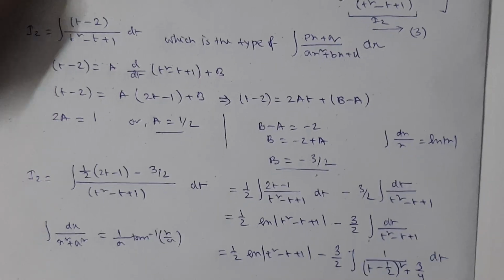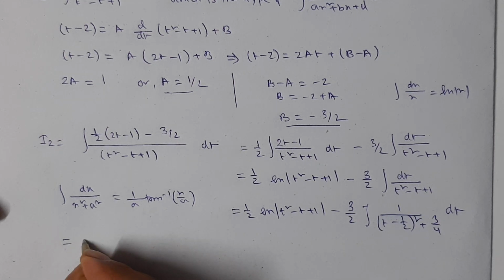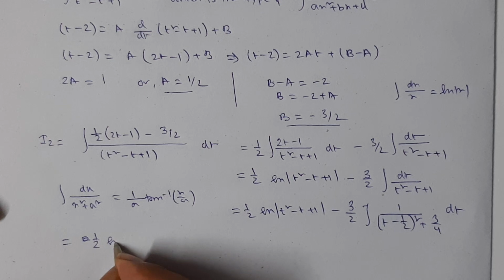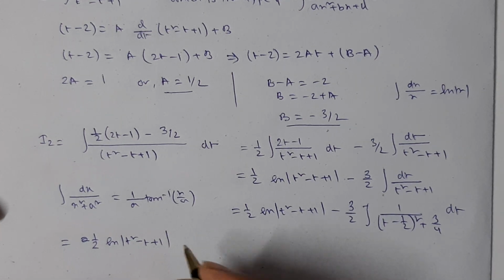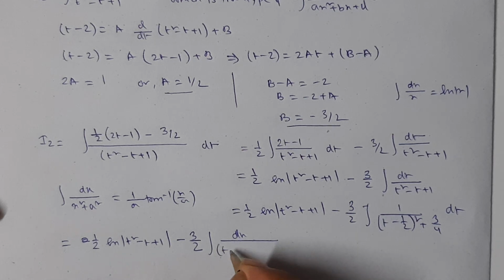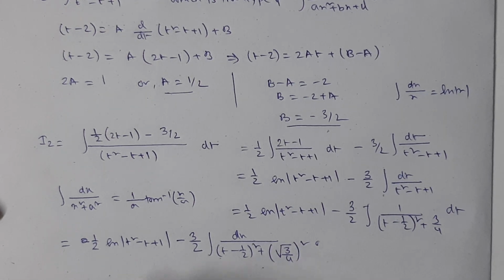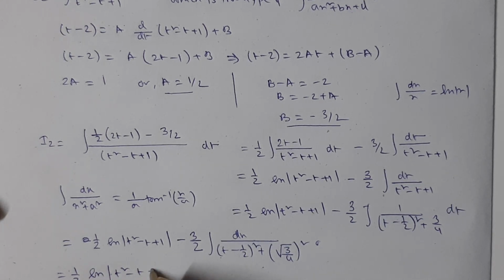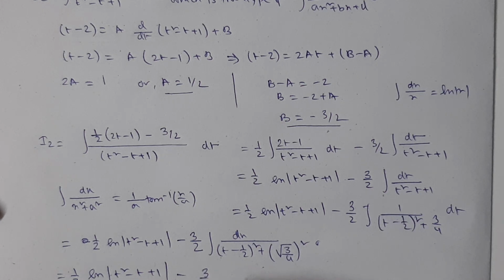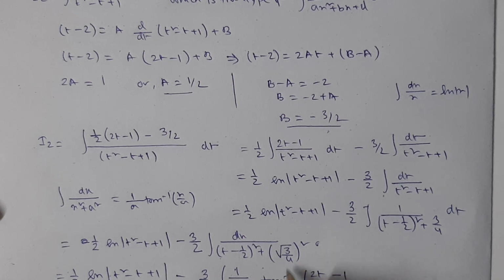We do this math by taking these types of square formulas. So half ln (t² minus t plus 1) minus 3 by 2 times 1 by root 3 by 2 tan inverse of (2t minus 1) by root 3.